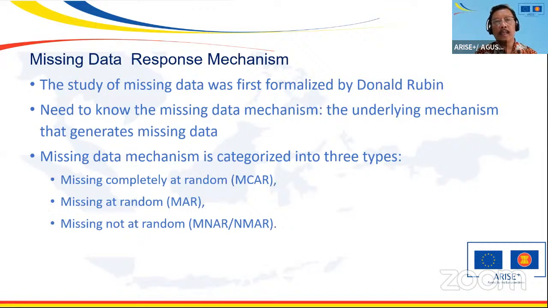Number one is MCAR, missing completely at random. Second is MAR, missing at random, so we drop the completely. Number three is missing not at random, or some people also call it non-missing at random.